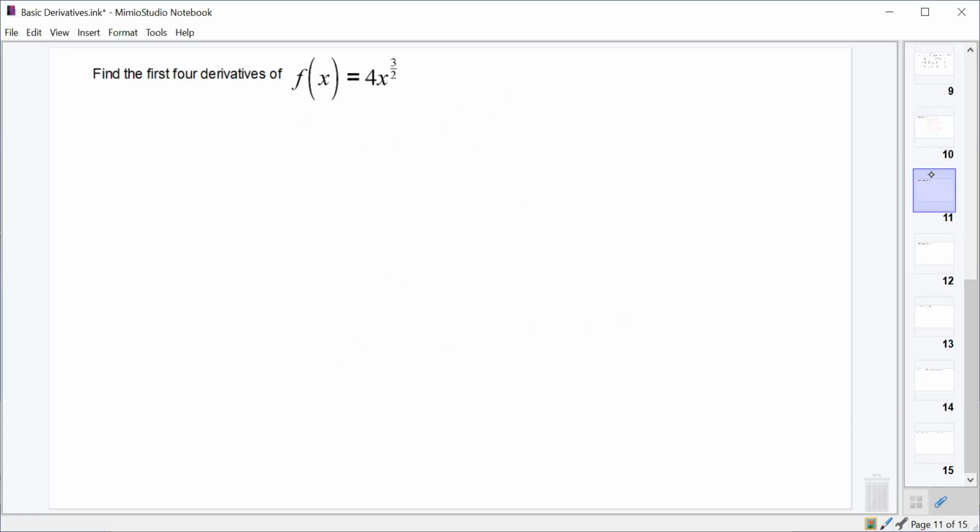The first derivative should be, what should it be? 6x to the 1/2. Second derivative should be 3x to the negative 1/2.